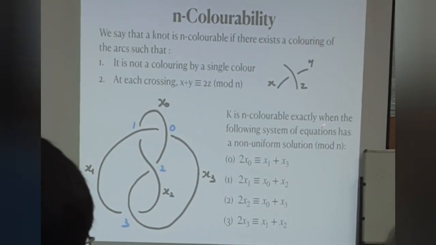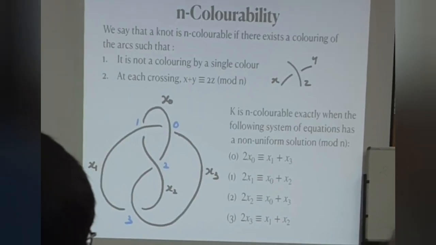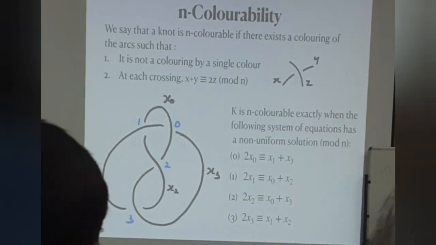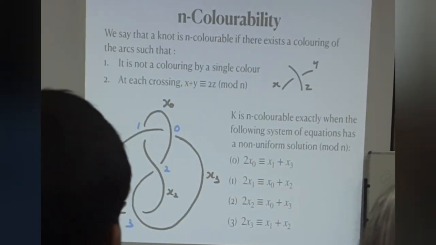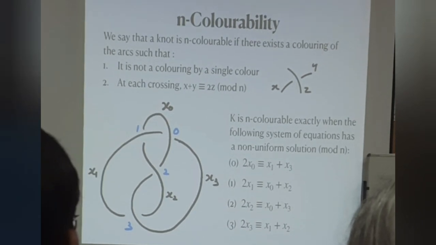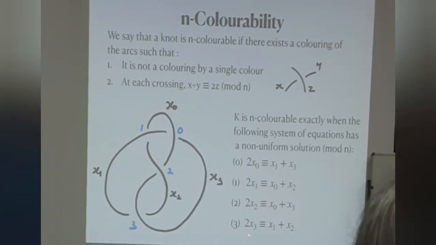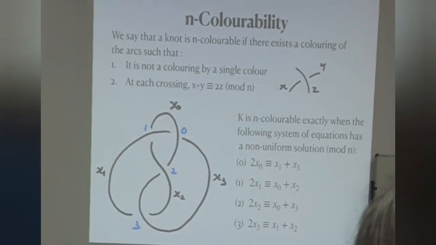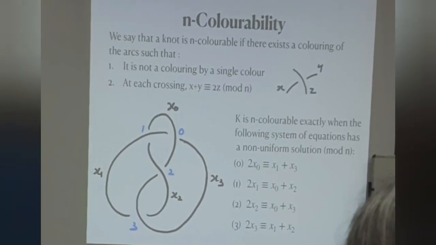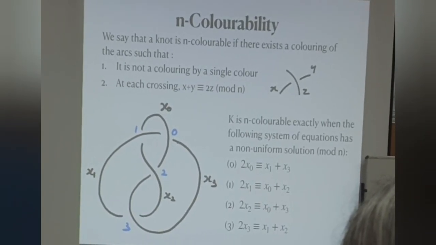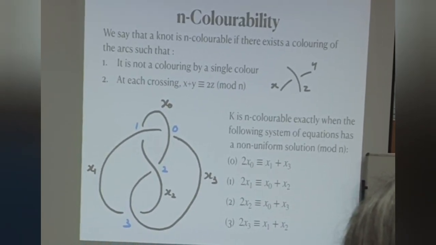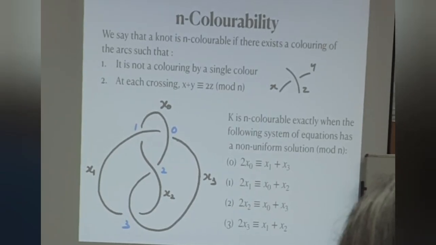So I should not have something where all of them are the same number. That's not allowed. So I'm looking for a non-uniform solution to this system of equations now. And this is a system of equations where this equality is equality modulo n. So it's equality in this new arithmetic of numbers which take values from 0 to n minus 1 only. Okay, does everyone get this?